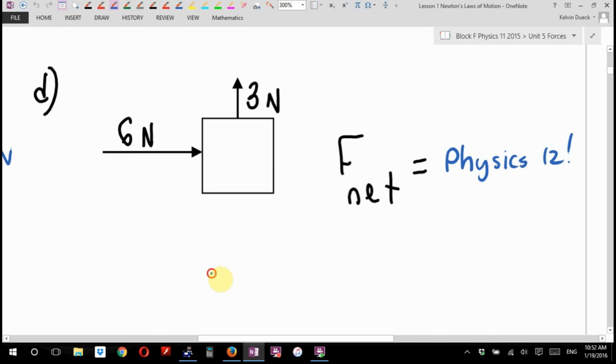You would draw 6 newtons right, and then on the end of the arrow, you would draw 3 newtons up, and the answer would be that there. You would use Pythagoras to find out how big it is, and then you would use SOHCAHTOA trig to figure out what angle it was at.